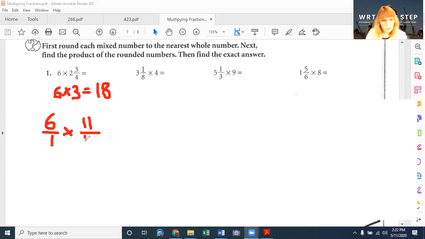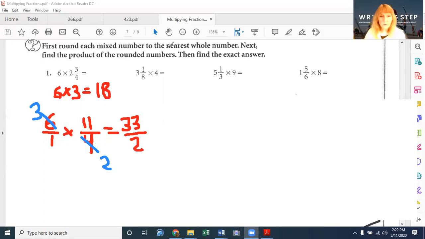And then before we multiply across, can we cancel? And yes, we can. We are going to cancel a 2 out of the 6. That'll leave us with 3. Put a 2 into the 4. That'll give us 2 here. And then when we multiply across the top, we get 3 times 11 is 33. And on the bottom, we get 1 times 2, or 2.